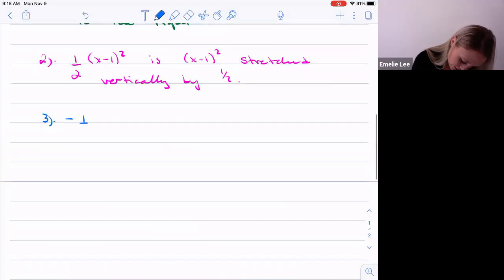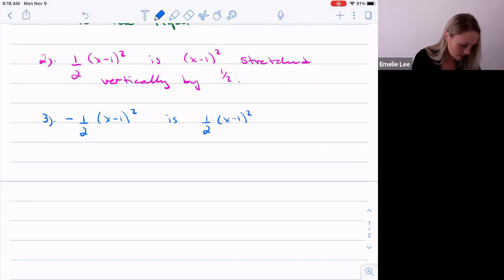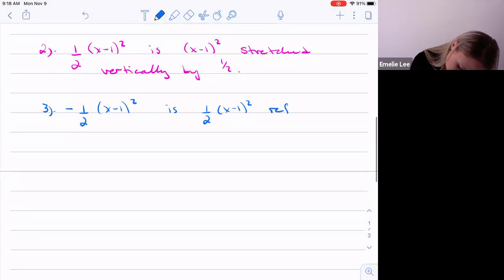So negative 1/2 times x minus 1 squared is 1/2 x minus 1 squared reflected about the x-axis.